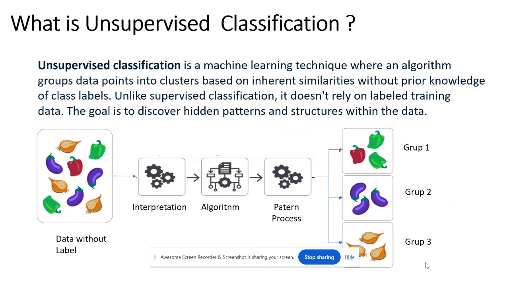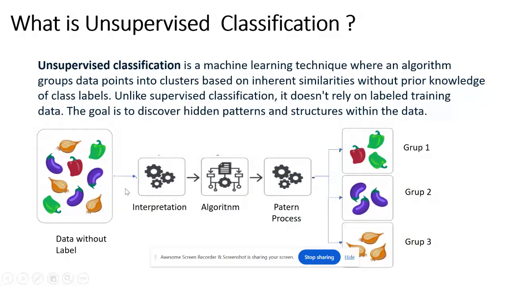Unsupervised classification is a machine learning technique where an algorithm groups data points into clusters based on inherent similarity without prior knowledge of class labels. Unlike supervised classification, it doesn't rely on labeled training data. The goal is to discover hidden patterns and structures within the data.